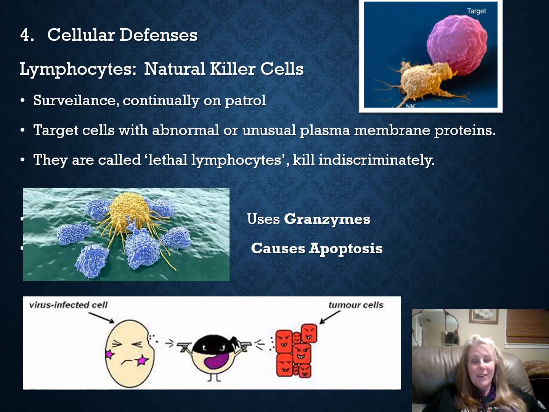Take a look at the picture that I have right here on the bottom of the slide. Natural killer cells will typically kill virus-infected cells and also cancer cells. Both virus-infected cells and cancer cells will have plasma proteins that have changed, that are different. So the natural killer cell will not recognize it as being a normal body cell.